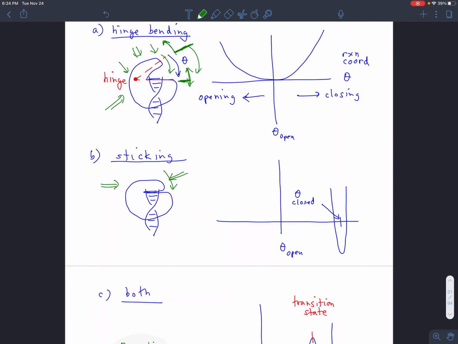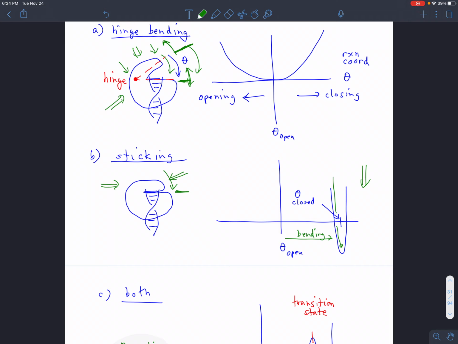And that we can understand as a potential energy that looks something like this, right? What that means is that as you increase theta here, you're increasing the bending. When you start to get to the point where the fingers are touching the rest of the protein and the DNA, there's going to start to be some sticking, and as you increase angle, that sticking will be favorable, so we'll go down in energy.